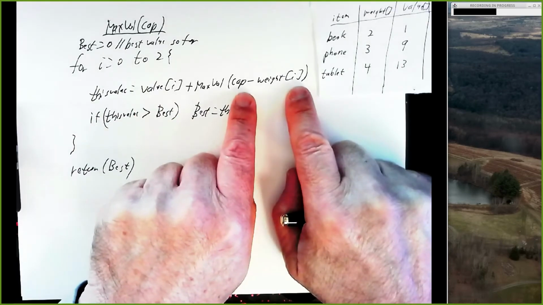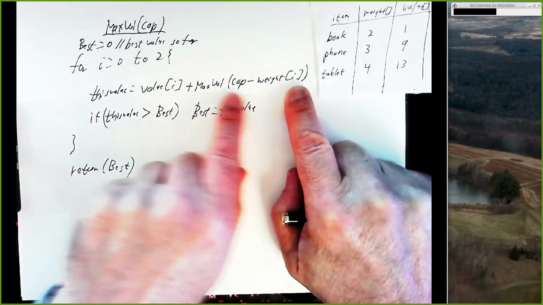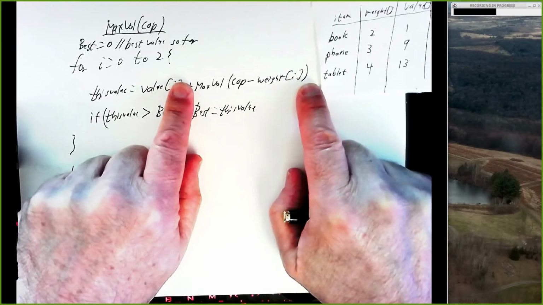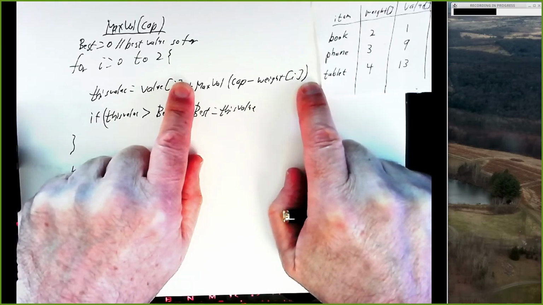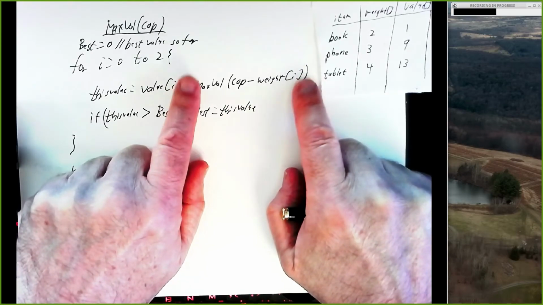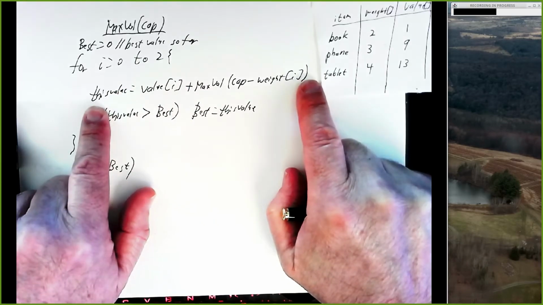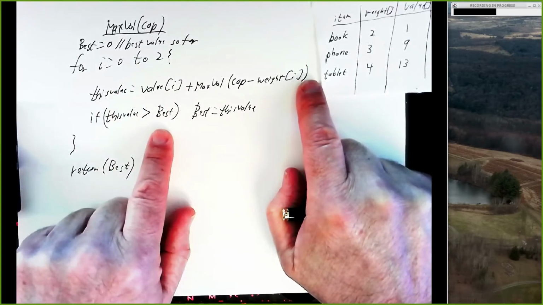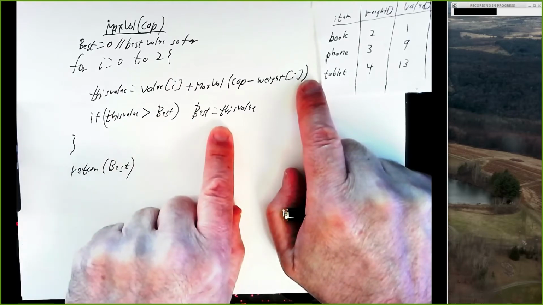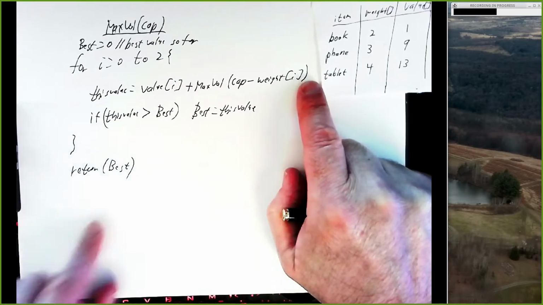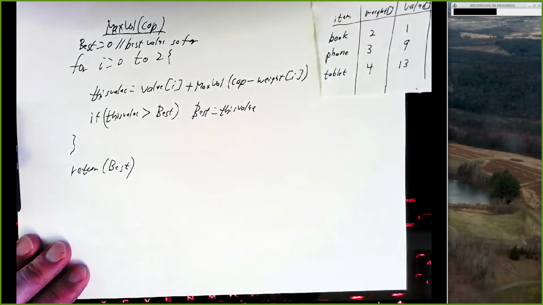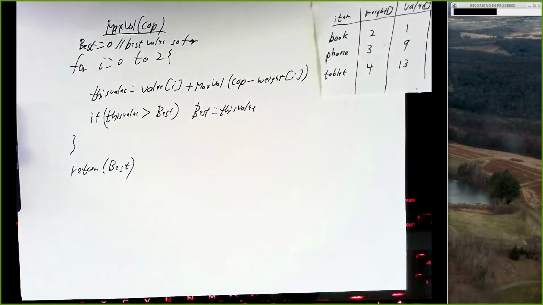I reduce the capacity of my bag by this much, and max val of that tells me how much value I can get out of that remaining capacity. So that remaining value plus the value of item I, that's the best value I can get if I start with item I. If that's better than the best value I've seen, let's remember it. And then at the end of going through all these items, we just return whatever the best value was we got.